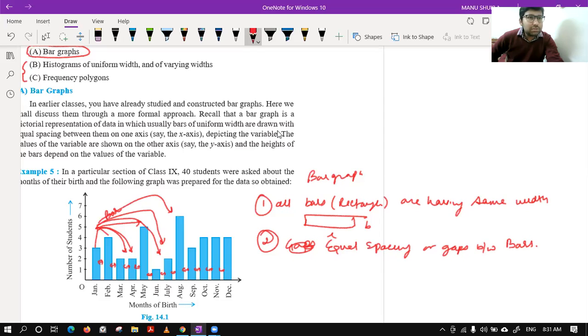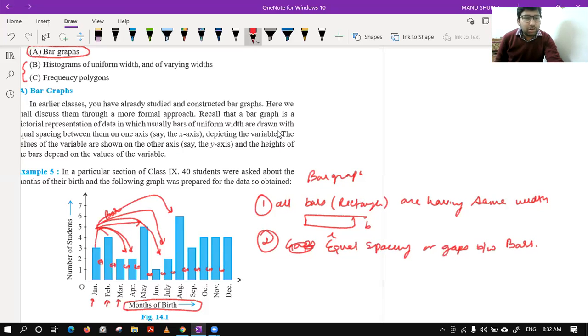And as Utkarsh is saying, normally you will see the bar graph containing x-axis as the independent one. You can see in this case also January, February, March, April. These are the months of a year, and they are independent. Their value is not changing. January is January only.